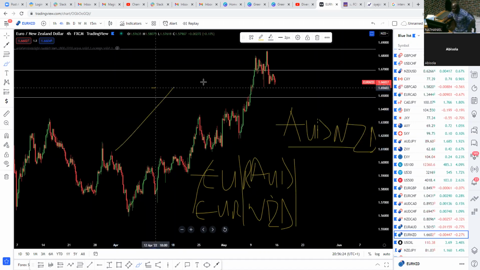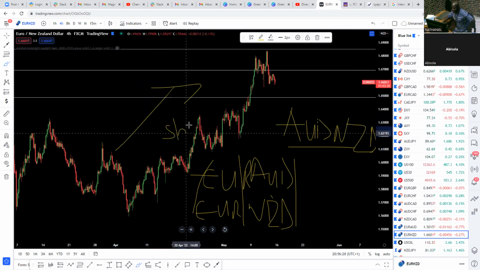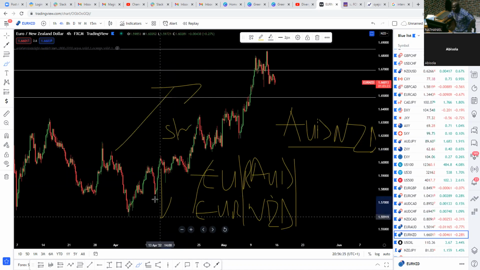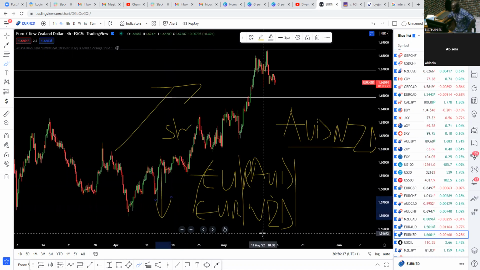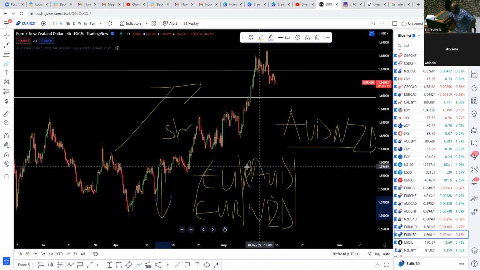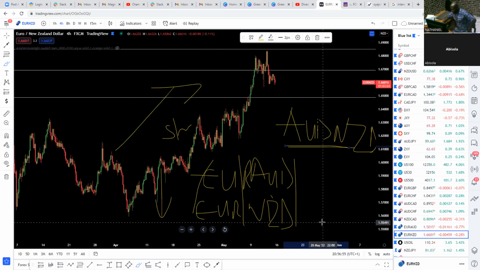So if it's bullish, it means that AUD is stronger than NZD. So if it is stronger than NZD, it means that Euro AUD will sell more than Euro NZD. That's just a trick. You have Euro AUD here, you have Euro NZD here. You have Euro, the base currency, the quote currencies AUD and NZD. When you combine AUD and NZD together, you get AUD NZD. Do you get now?